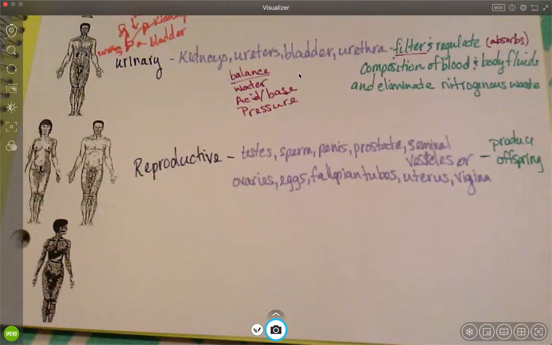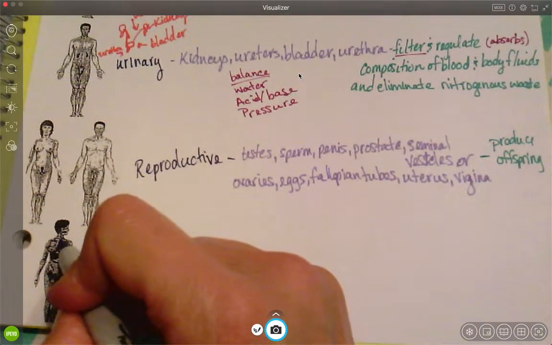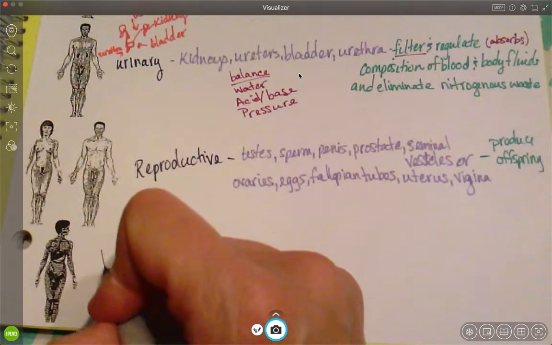The last system we are looking at is the digestive system. So we've got our swallowing, we've got our liver, we've got our stomach, we've got our intestines, all that stuff.